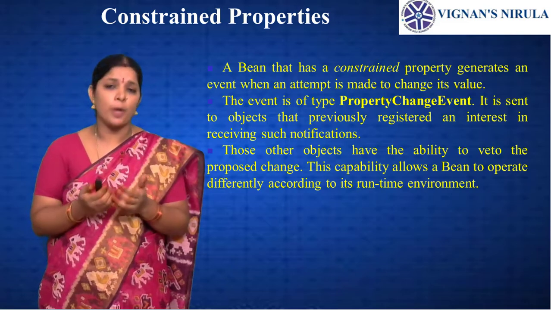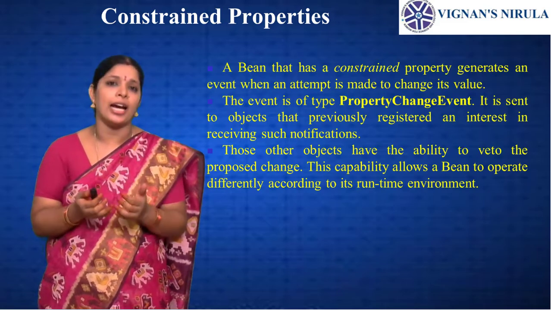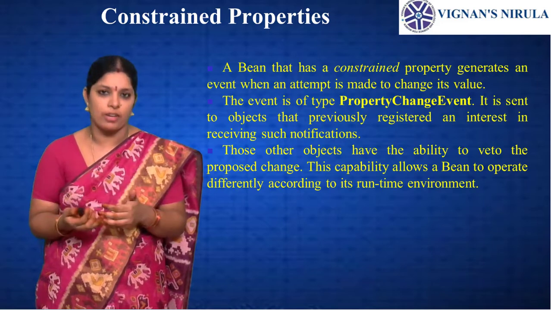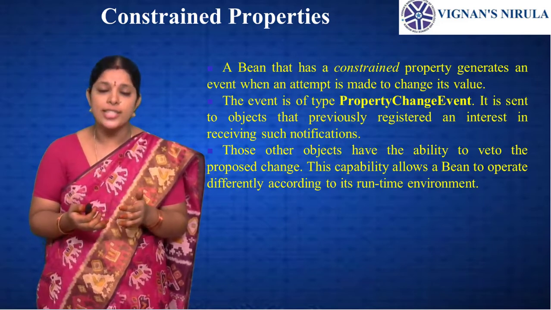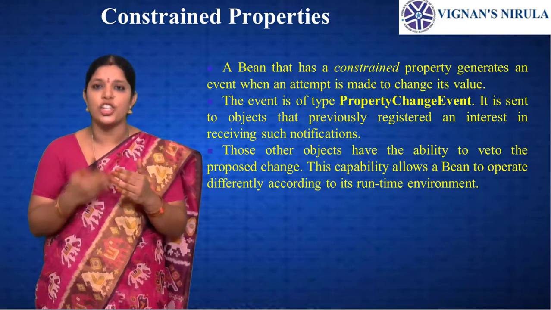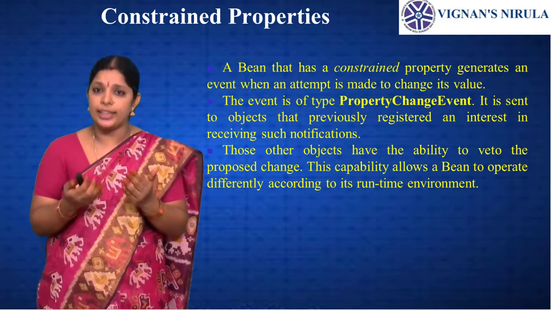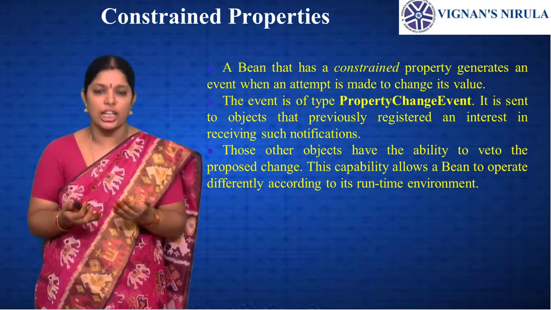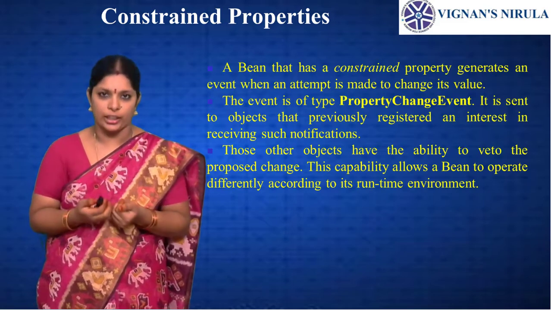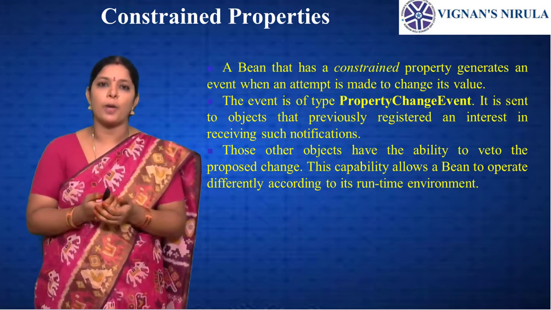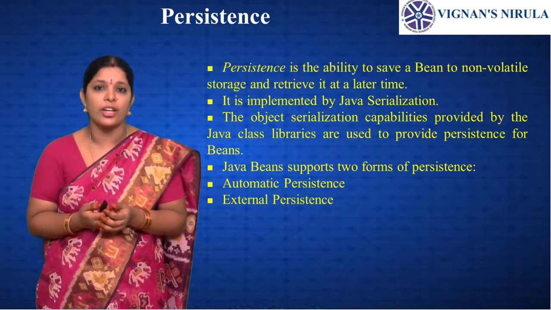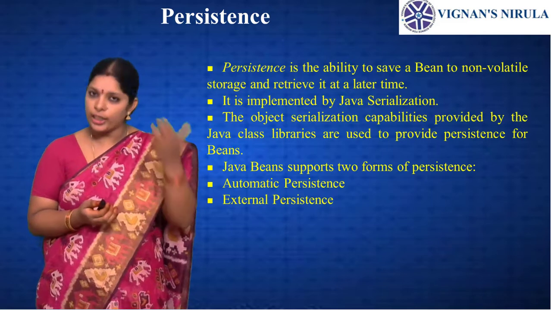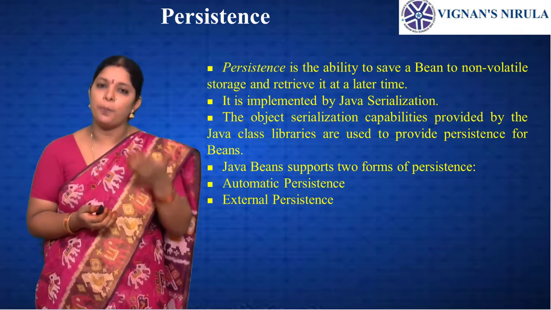The constraint properties are the properties that are protected from being changed by other Java beans. They are registered with an external event listener that has the ability to accept or reject the change in the value of a constraint property. These constraint properties can be retrieved by using the get method.